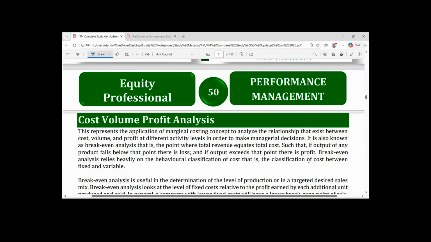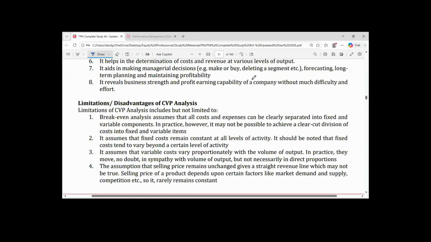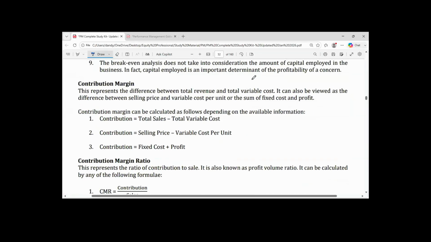This is the definition of contribution margin. How do you then estimate contribution margin? From the definition, you can quickly calculate your contribution margin, which we have done also in the past.